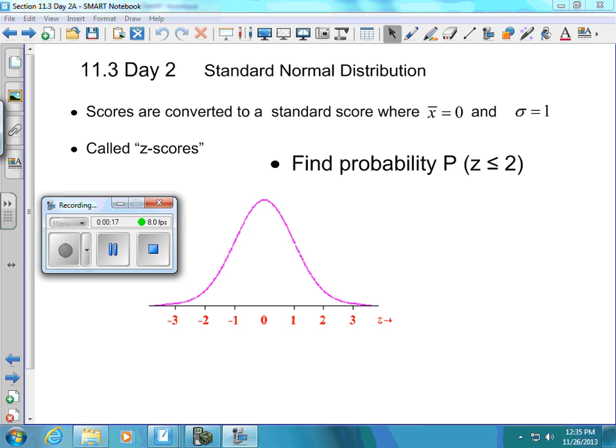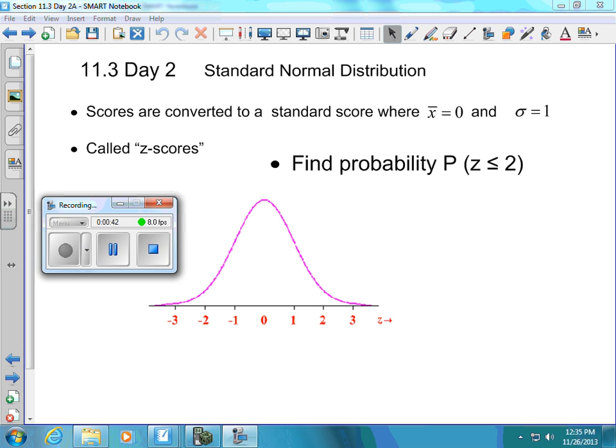Okay, standard normal distribution, basically scores are converted to be even more normalized, to be more standardized, so that you can take a data set that could have a mean of 500 and another data set that has a mean of 50. If you can convert both of those data values to z-scores, you can more directly compare those data values.